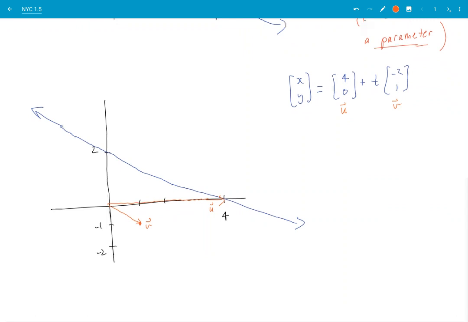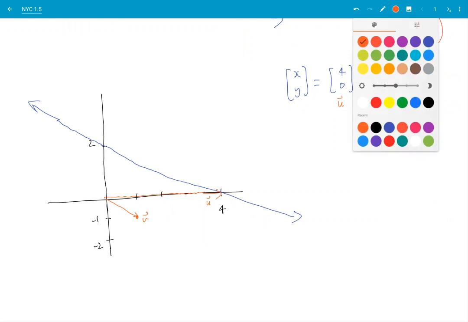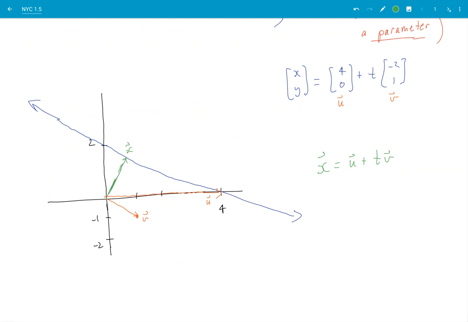So where was I? Okay, what I want to convince you of now is that if you take any vector x that is on the line, that is going to be u plus some multiple of v, right? So look at this diagram. This x here, I can get to it by first doing u. u is going to bring me here.